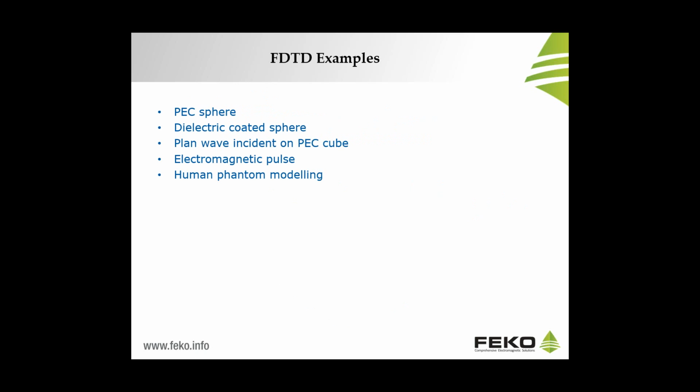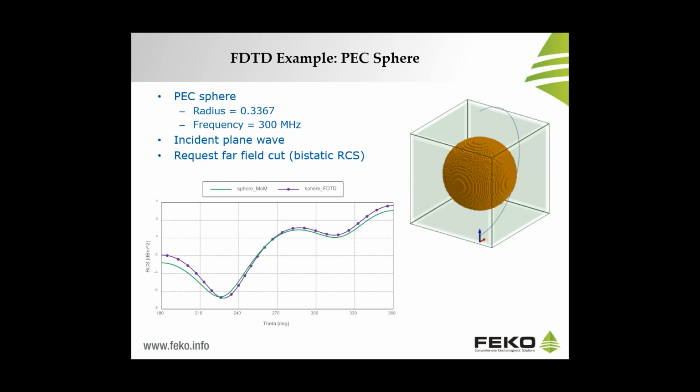We have prepared a set of examples to show you a cross-validation of FDTD with some of our other methods, and also to show you the advantages of FDTD in terms of memory requirements and runtimes. The first example is related to a PEC sphere, and we want to compute the bistatic radar cross-section of this sphere at 300 MHz.